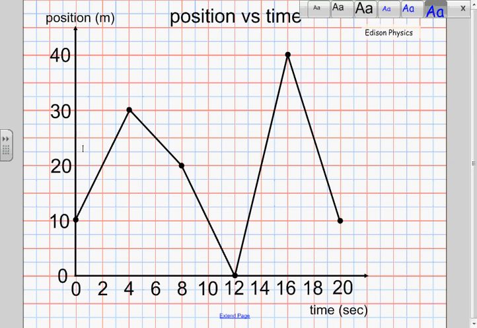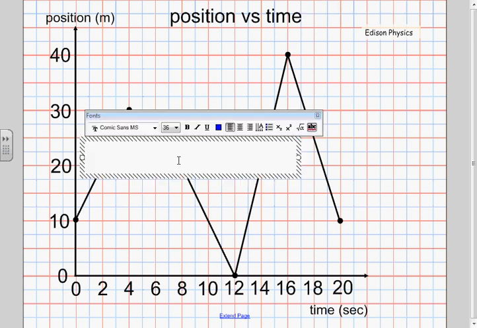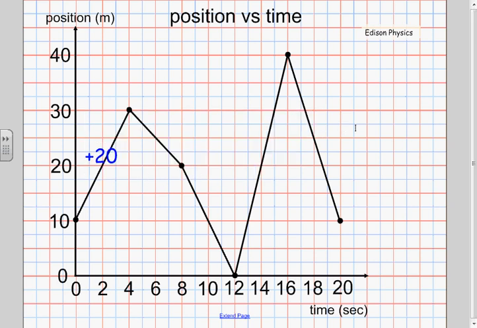So how far up does the graph go from 0 seconds to 4 seconds? Well, it looks to me like it starts at 10 meters and ends at 30 meters. So that would be up positive 20 meters. All right, so that part of the graph goes up 20 meters. That would be my distance traveled.